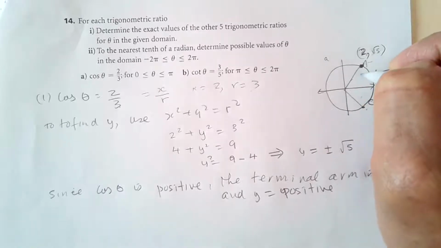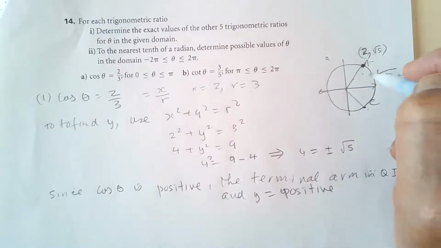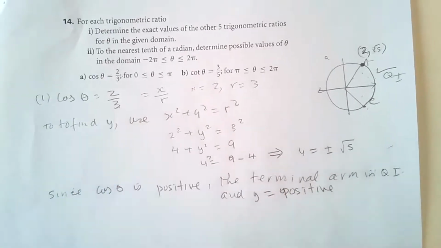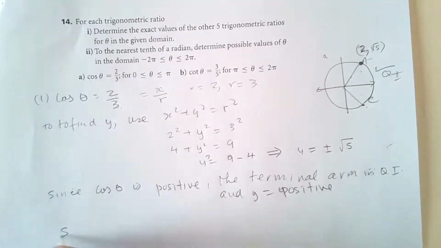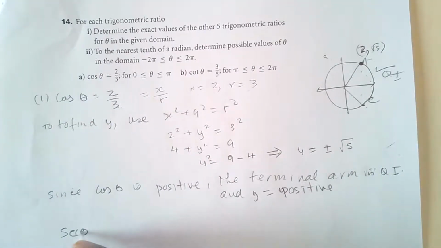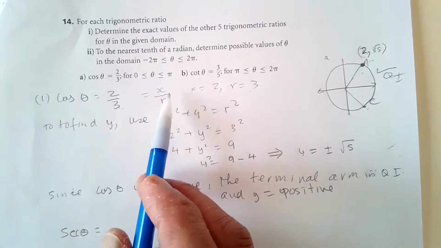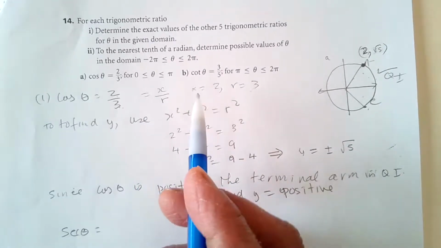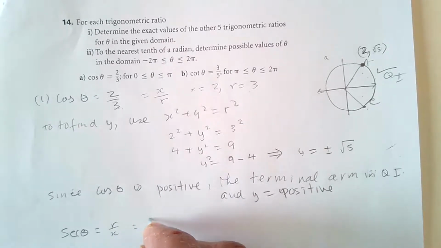So here we have secant is positive. We need to find the reciprocal of cos. Now we have cos is 2 over 3. So secant, let's do them all. Secant theta is r over x, and that will give us 3 over 2.